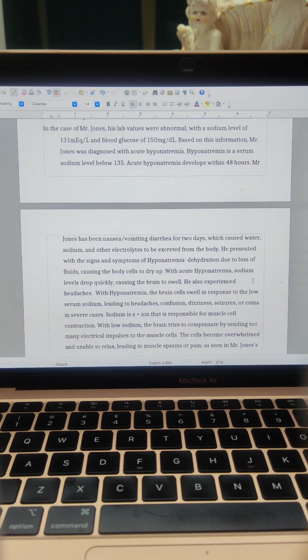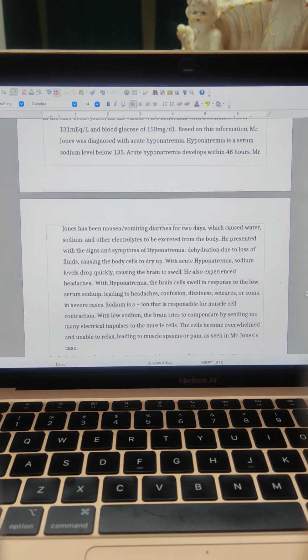He was dehydrated, as we already said, which is loss of fluids, causing the cells to dry up, exhibited by the dry skin and the poor skin turgor, as mentioned before. Also, with acute hyponatremia, the sodium level drops quickly, causing the brain to swell as well.